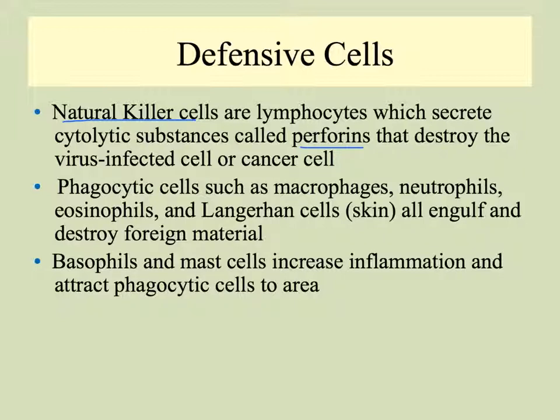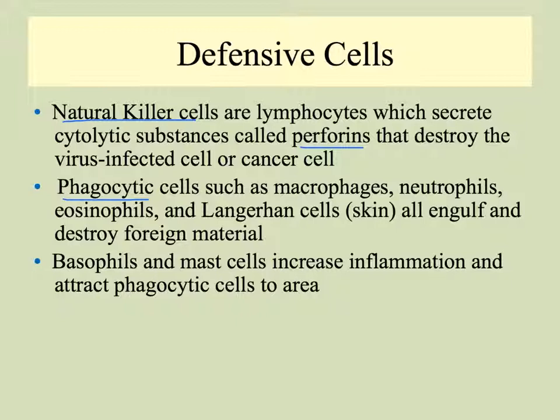Then we have the phagocytic cells that are going around. They are mobile, they are able to move throughout the body, and they are able to engulf any small bits of bacteria or virus pieces that they run into as they're traveling around the body.